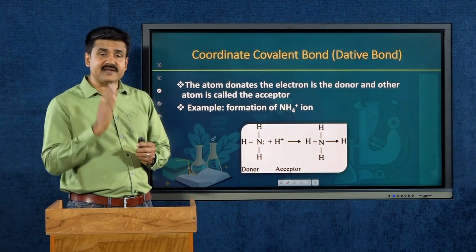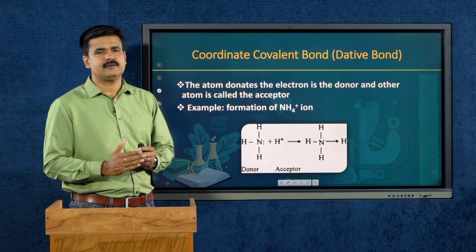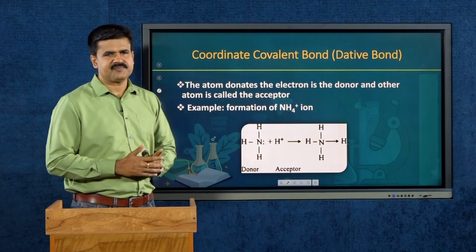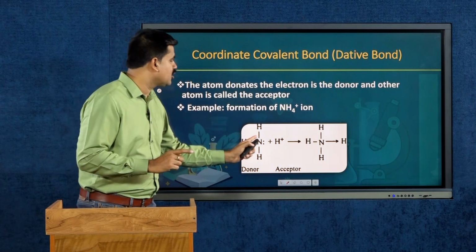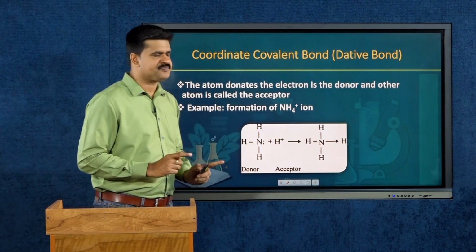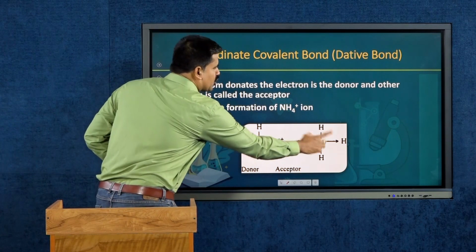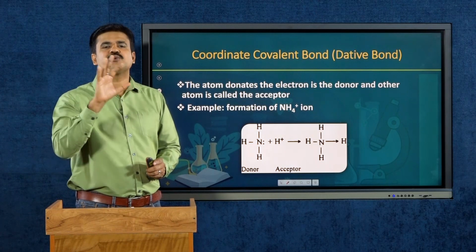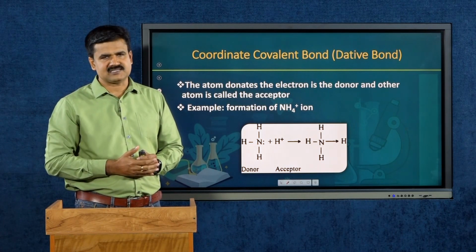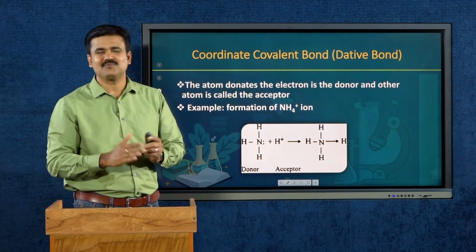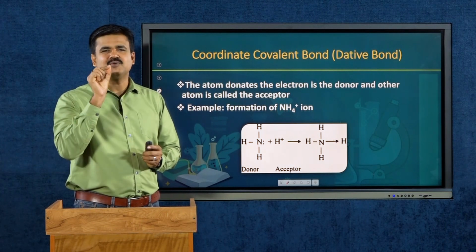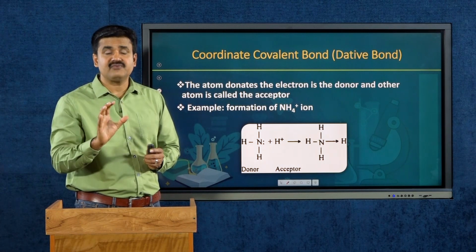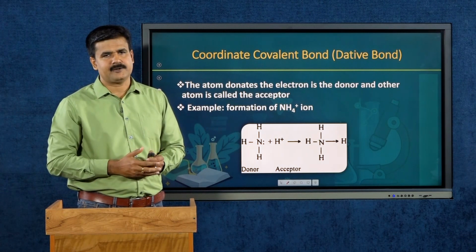For the formation of this covalent bond, both the electrons are donated by the nitrogen. So, nitrogen donates its electrons to H plus during the formation of NH4 plus. So, there occurs a coordinate bond between the nitrogen atom of ammonia and H plus, which results in the generation of the NH4 plus ion.